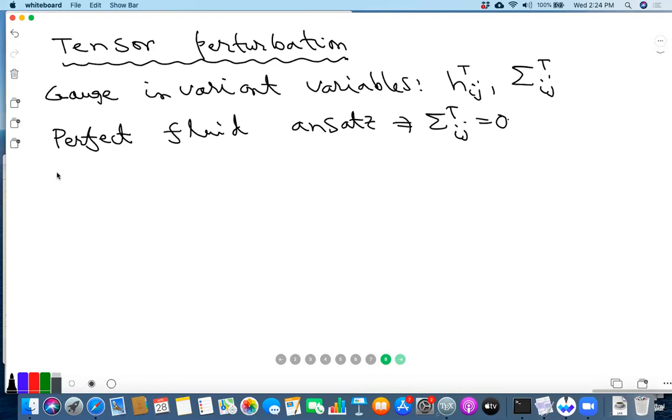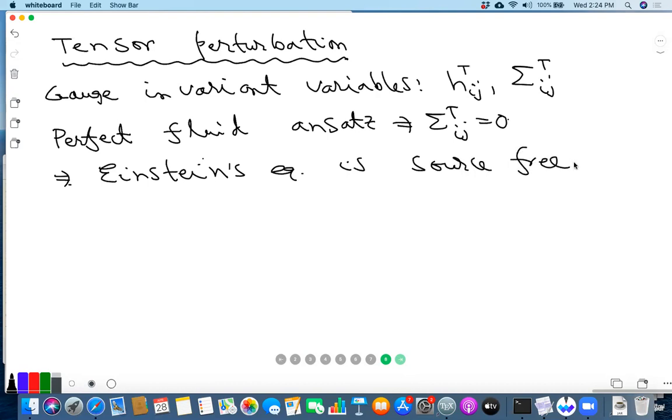So basically the Einstein's equation is force free. There is only one tensor component of the Einstein's equation that comes from the ij component, and that has no source. So basically R_ij minus half R g_ij equal to zero is what we have to solve.